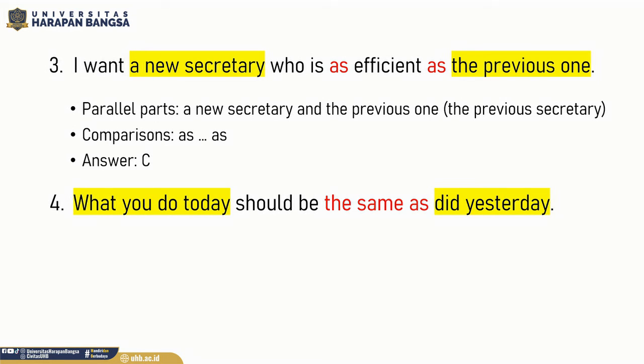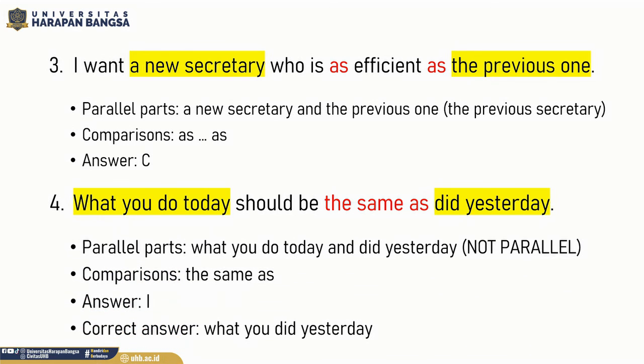And number 4, what you do today should be the same as did yesterday. What do you think? Is it correct or incorrect? Well, okay, let's analyze this sentence. The parallel parts are what you do today and did yesterday, but it's not parallel.